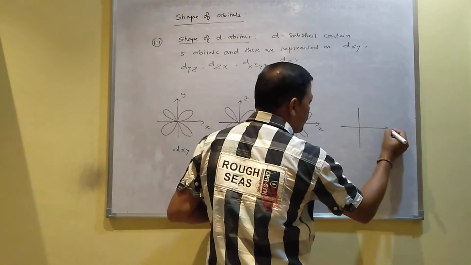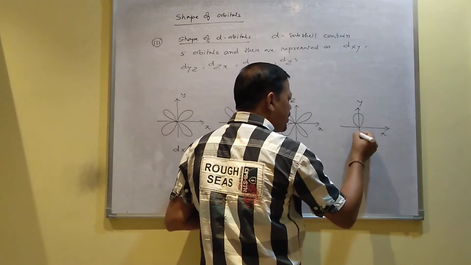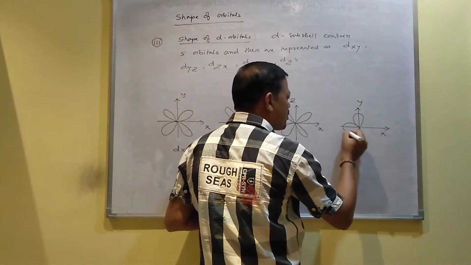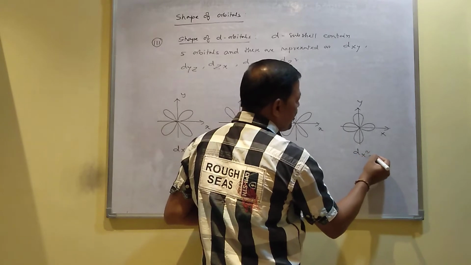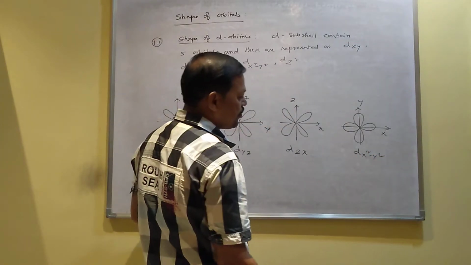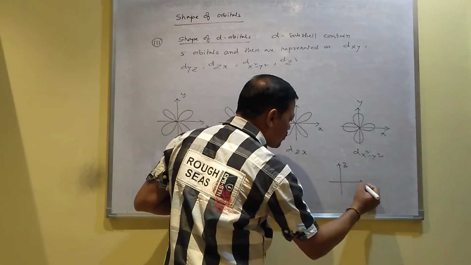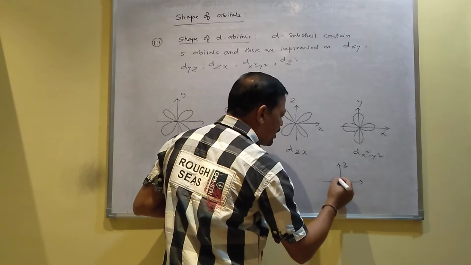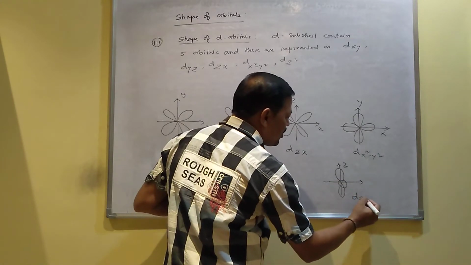Next one, x-axis, y-axis. Here the dumbbells are present on the axis, like this. This is called dx square minus y square. And this is z-axis. When the dumbbells are present only on z-axis, then it is called dz square.